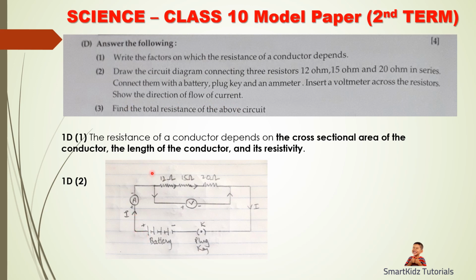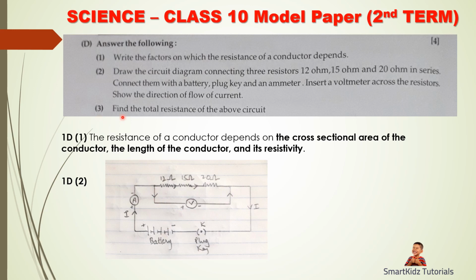Current always flows from positive to negative because electrons flow from negative to positive. So current always flows from the positive terminal to the negative terminal, through the circuit and back again. The voltmeter is connected across the resistors to measure the potential difference for a circuit in series.